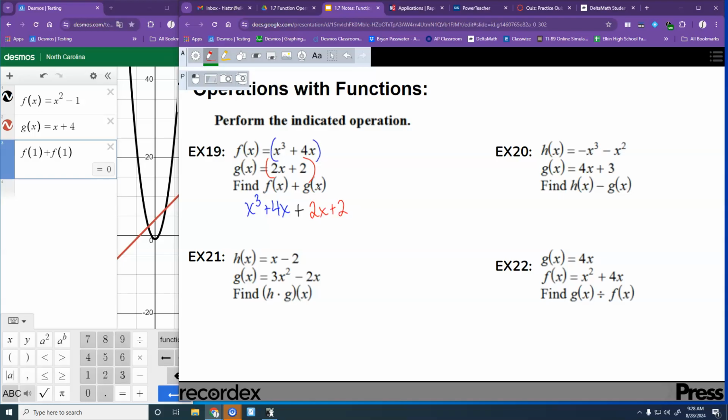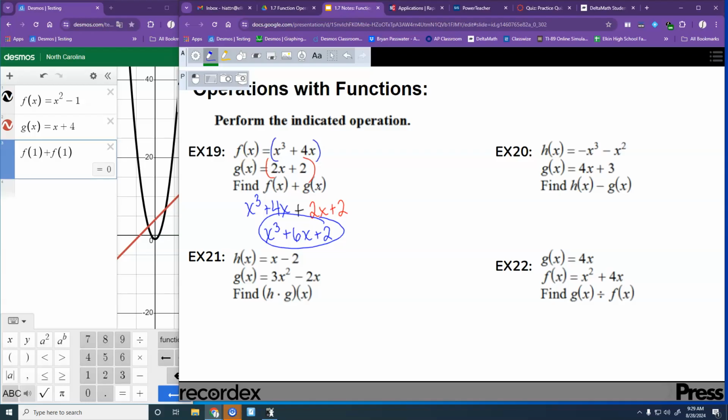Now, the answers for these are still going to have x's in them, but we do want to simplify them if we can. Do we have anything we could combine here? The 2x and the 4x, that's going to give us what? x cubed plus 6x plus 2. So that would be our answer for that. Just adding your like terms, pretty much.